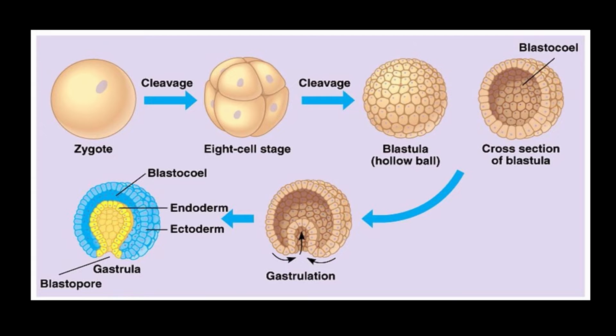Once it has formed the blastula, the morula, as we saw in the previous figure, is a compact solid ball of cells. But here in this figure you can see the blastula is a hollow ball of cells.